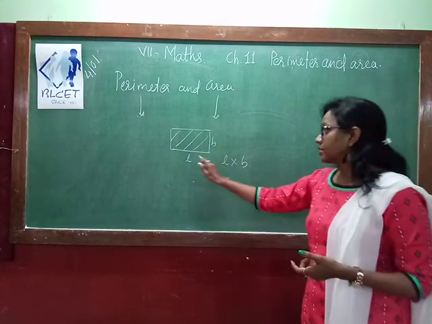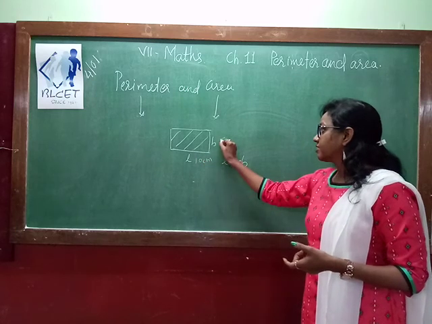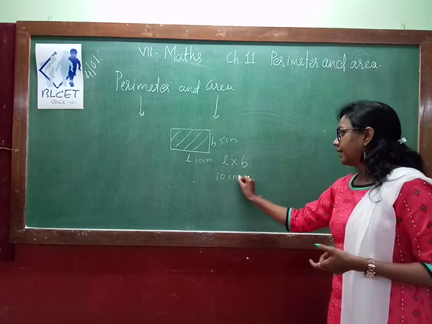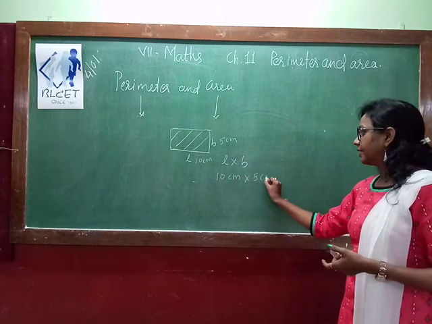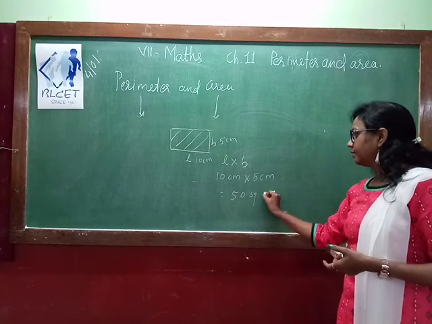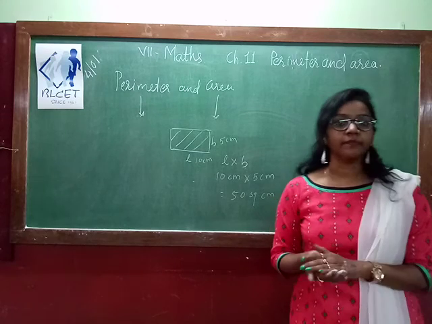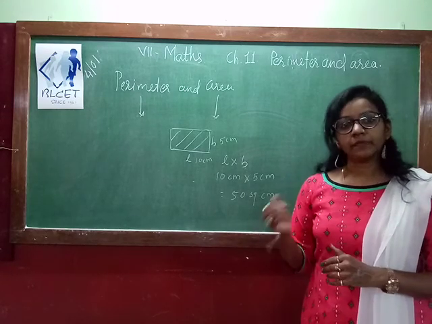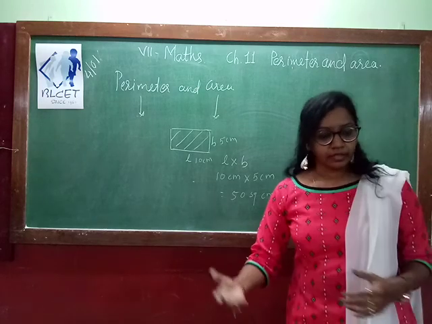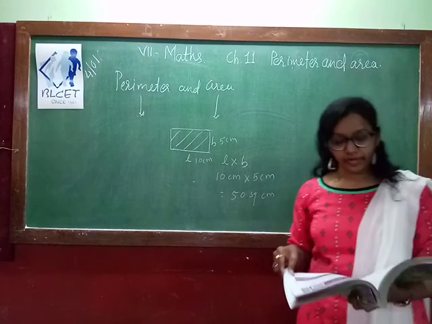Suppose your length is 10 centimeter and breadth is 5 centimeter, then the area is 10 centimeter into 5 centimeter, which is equal to 50 square centimeters. This you have learned in 6th standard. The same concept we use over here to get more idea of perimeter and area of square and rectangle.